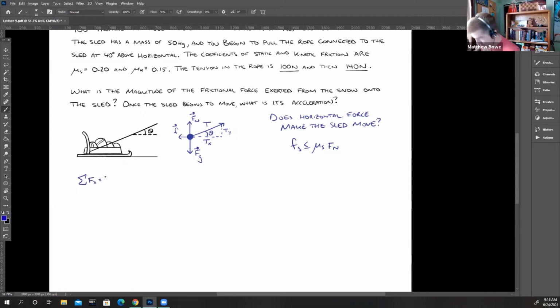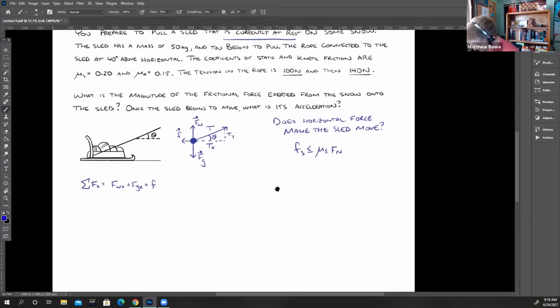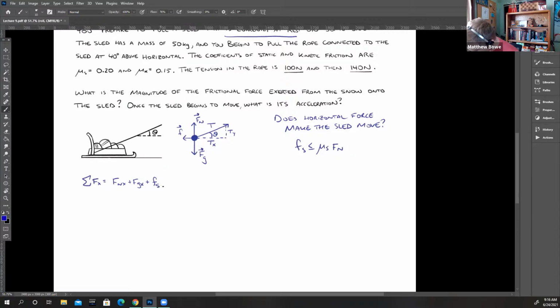So we have forces in the x direction, plus, since we know it's stationary for right now, as it says at the top, currently at rest, we're going to use static friction in the x direction plus T of x equals mass times acceleration in the x direction.